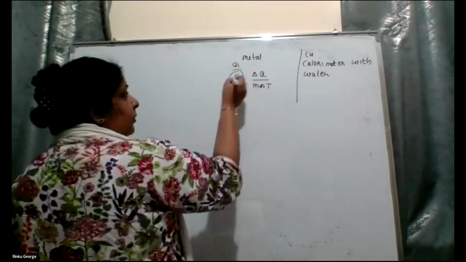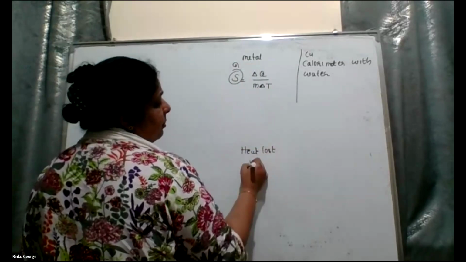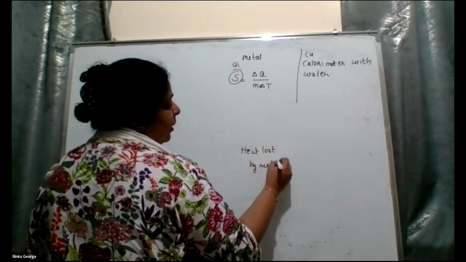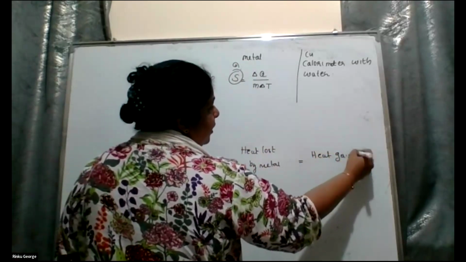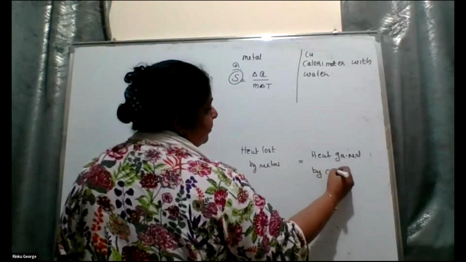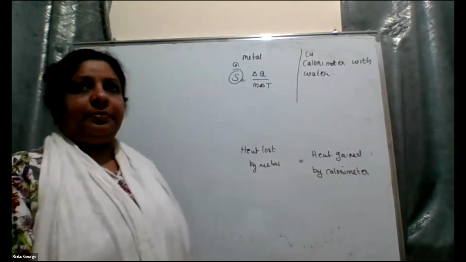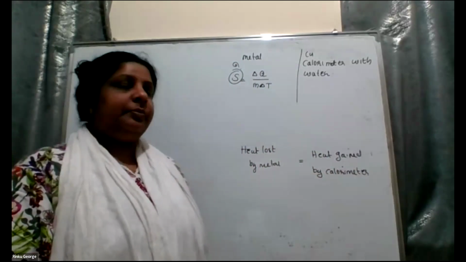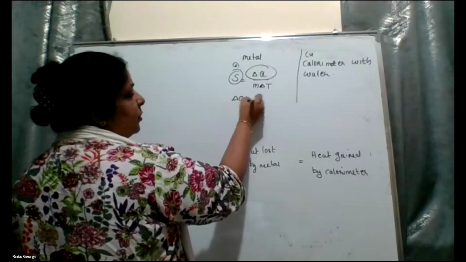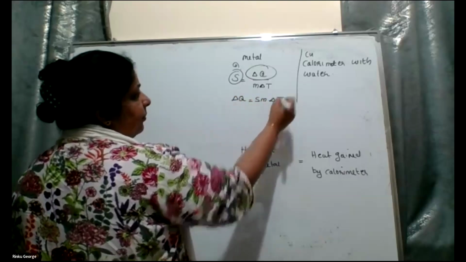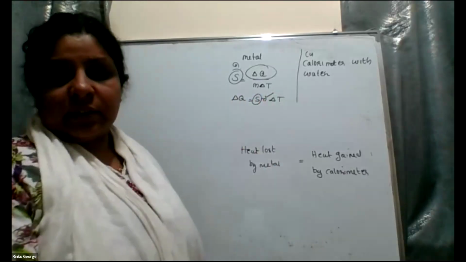So we know heat lost by metal will be equal to heat gained by calorimeter. That is the formula. Correct. Heat lost by metal is Q, so you can write delta Q is equal to S m delta T. S is unknown. Mass of the metal is given as how much?